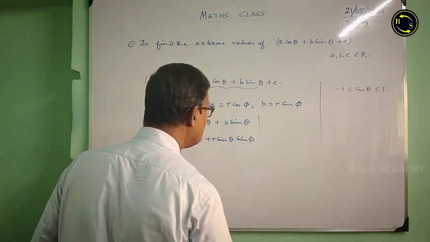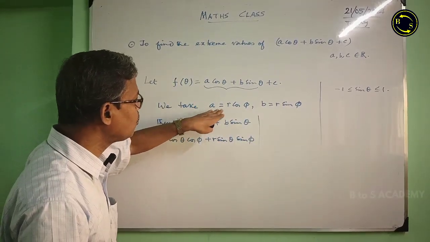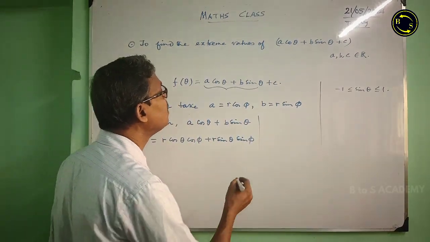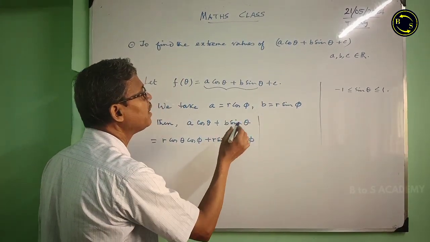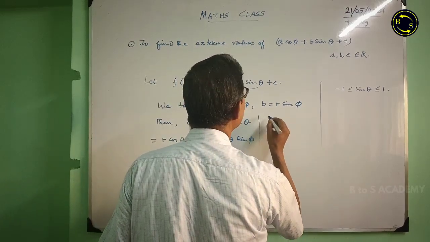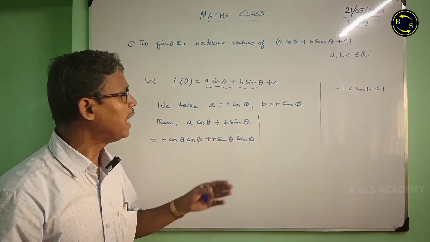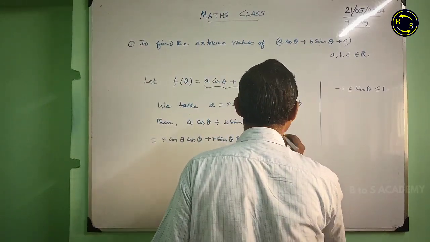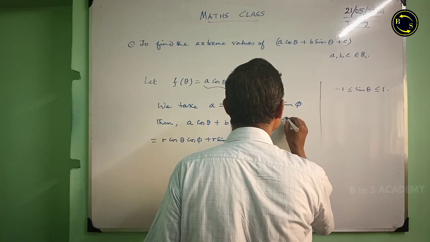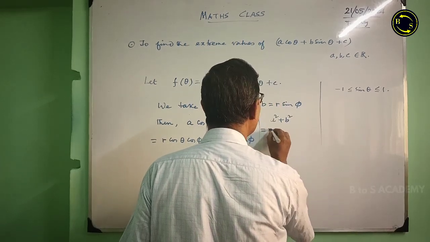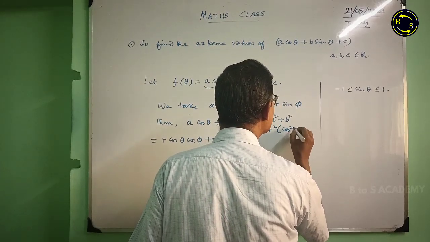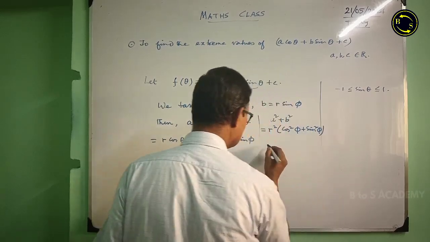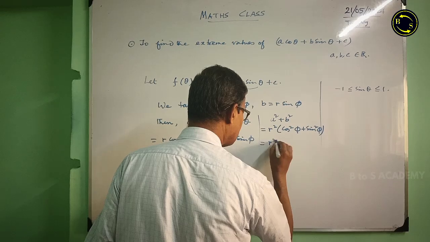If we take a equal to r cos phi, b equal to r sin phi, then can we find r and phi? Yes. If we square these two and add, what do we get? a square plus b square will be equal to r square times cos square phi plus sin square phi, that means r square.